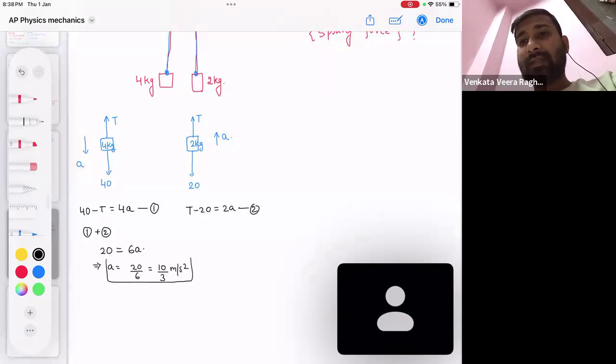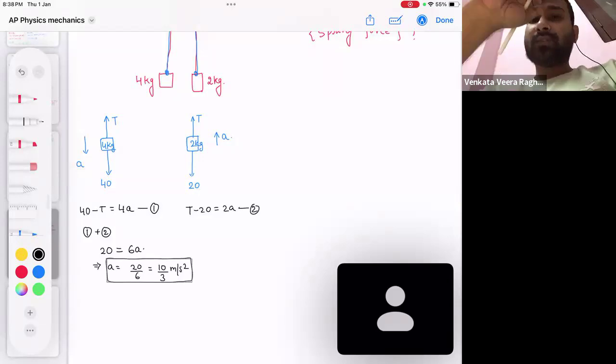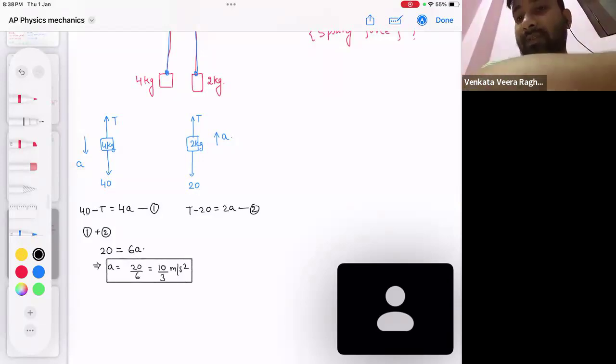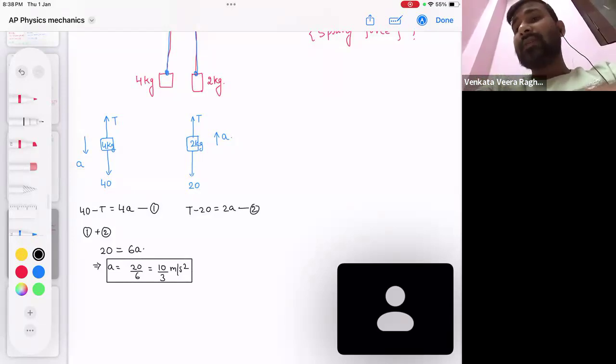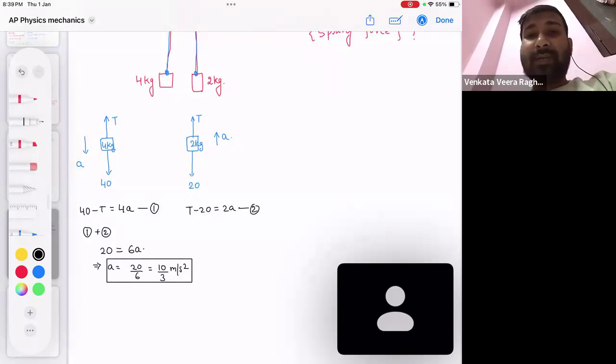So that means the 4 kg block is going down with 10 by 3 meter per second square and the 2 kg block is going up with the same acceleration, 10 by 3 meter per second square. Now you can use either equation 1 or 2 and we will get the value of tension also.